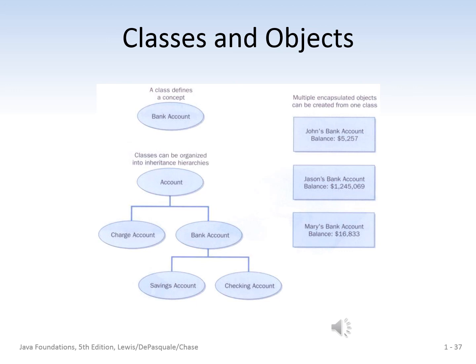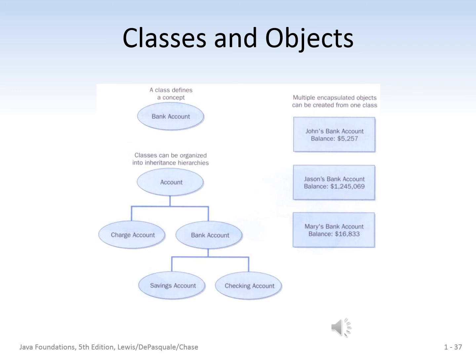And then within that bank account, we can have encapsulated objects created from the prototype or the blueprint bank account. And it might be John's bank account, Jason's bank account, Mary's bank account. Those are the objects. And they have data associated, characteristics, such as balances and name and address and all those other defining attributes.